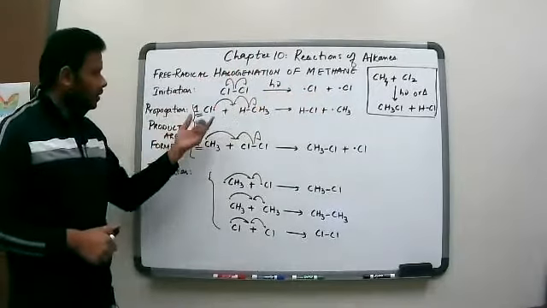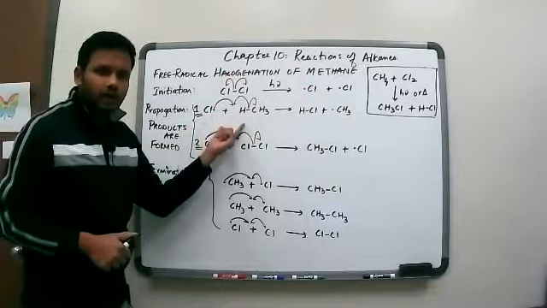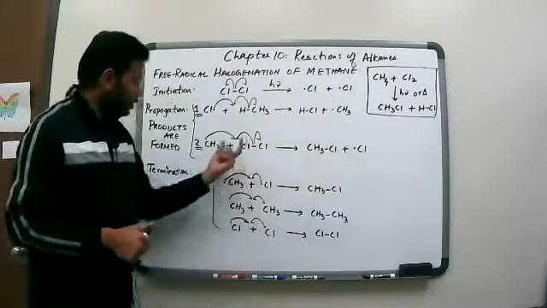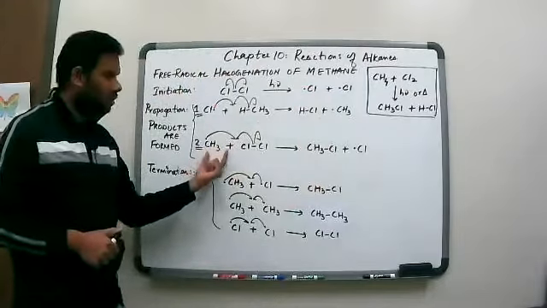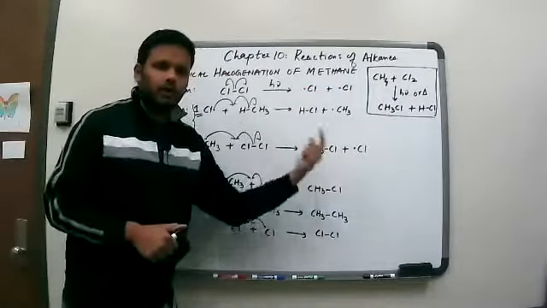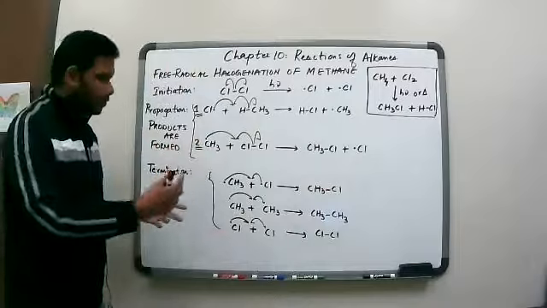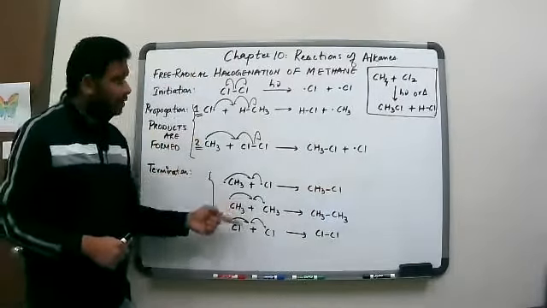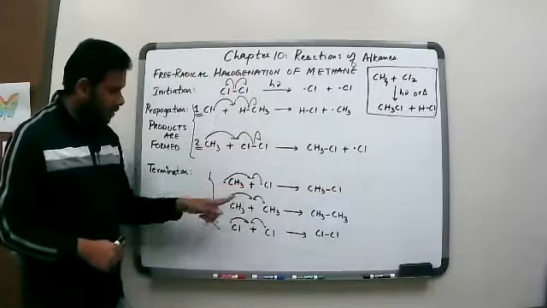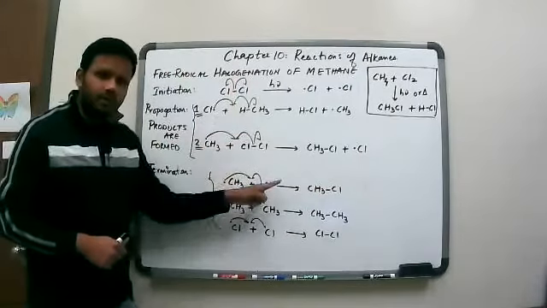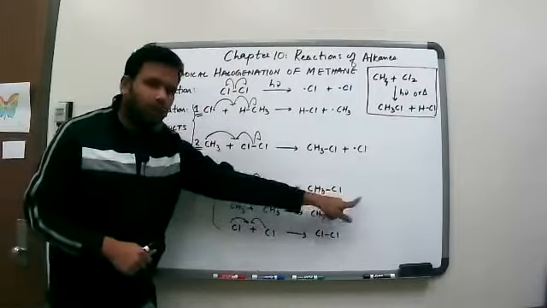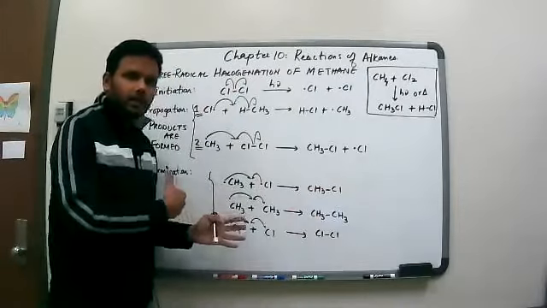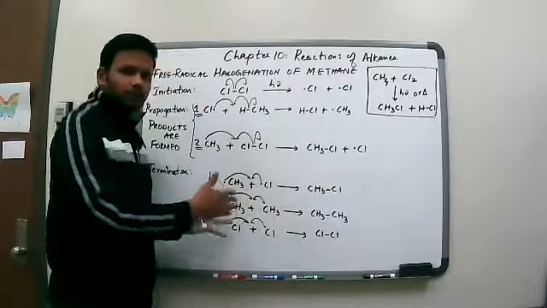In propagation steps, there's a reactive intermediate on the reactant side and a reactive intermediate on the product side, so it is regenerated. Termination steps are different from both of these because there are reactive intermediates on the reactant side, but there's no reactive intermediate on the product side. That means the reaction cannot continue now. It's going to basically end.